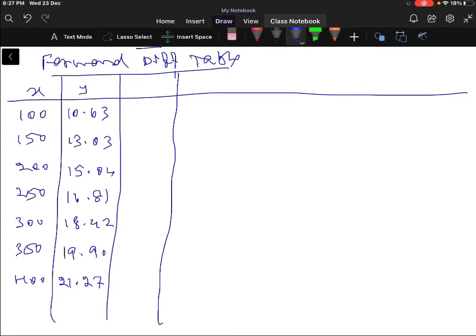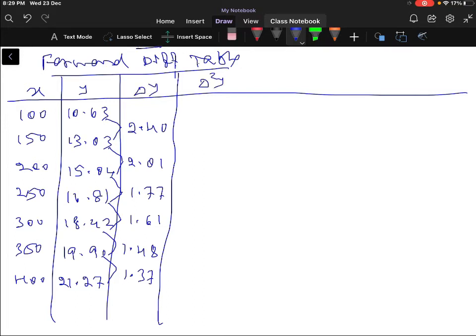So now let us construct the first forward differences. 13.03 minus 10.63 is 2.40. 15.04 minus 13.03 is 2.01. 16.81 minus 15.04 is 1.77. 18.42 minus 16.81 is 1.61. 19.90 minus 18.42 is 1.48. 21.27 minus 19.90 is 1.37.